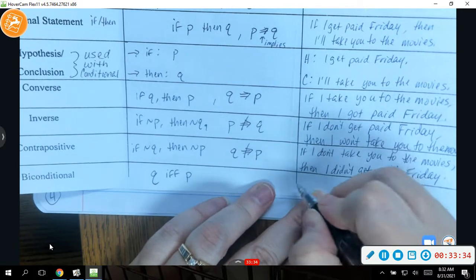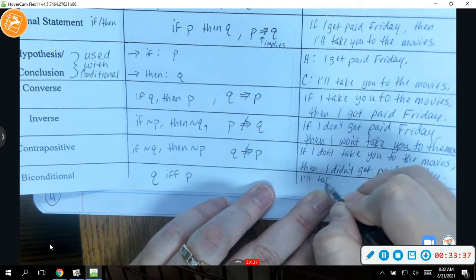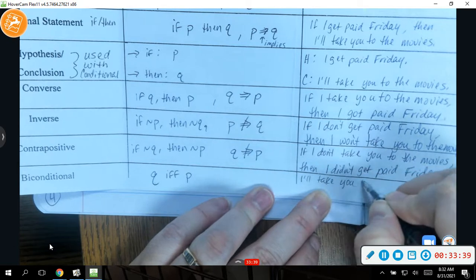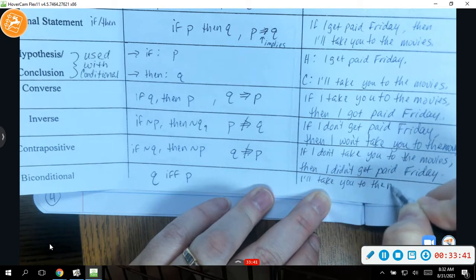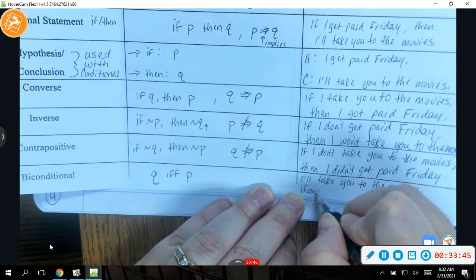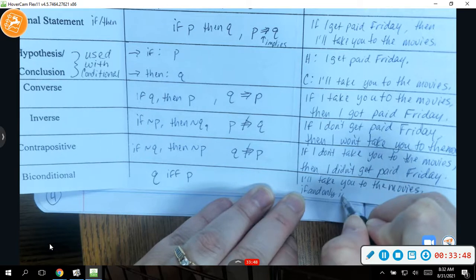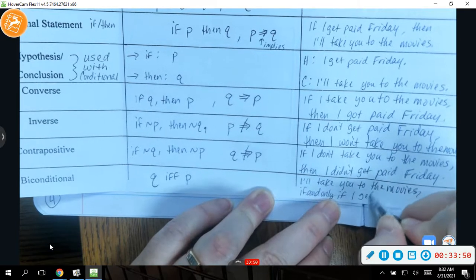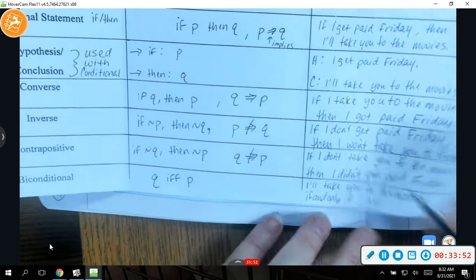So I'll take you to the movies if and only if I get paid Friday. This is what we kind of assumed it meant.